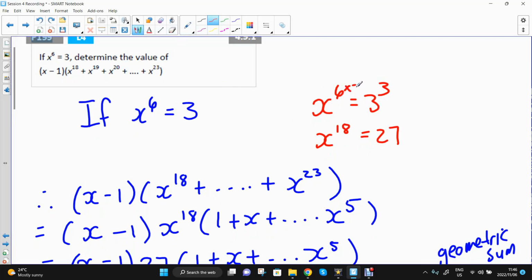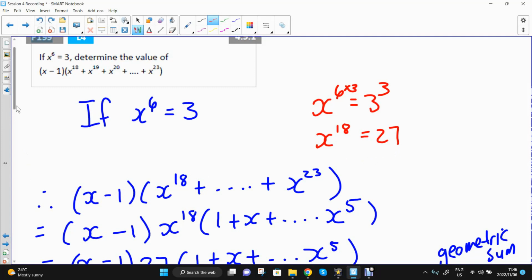If I raise all of this to the power of 3, then 3 to the power 3 is 27, and 6 times 3 is x to the power 18. So I know that x to the power 6 is 3, and I know that x to the power 18 is 27.